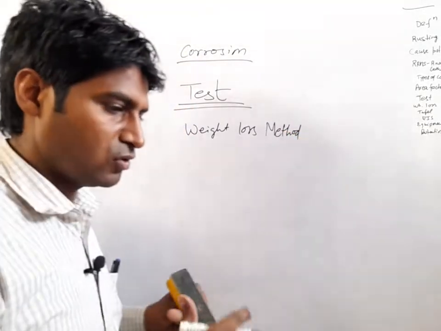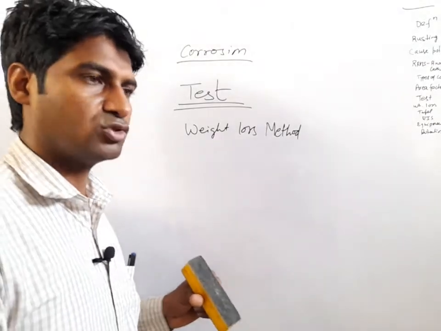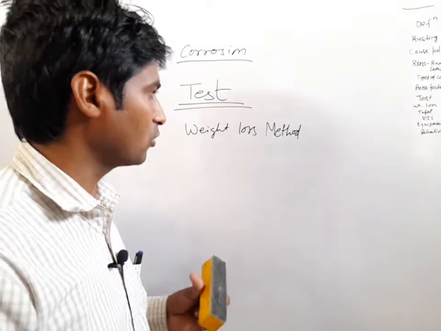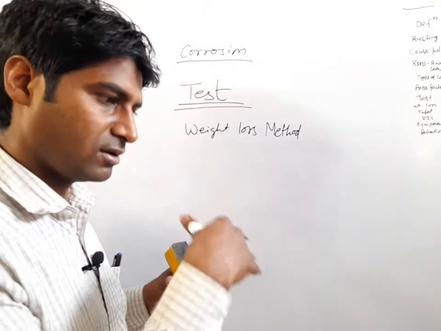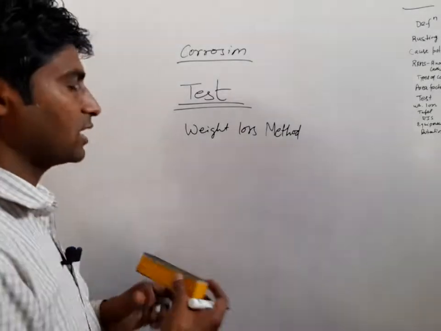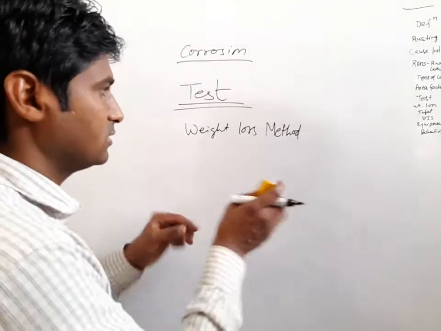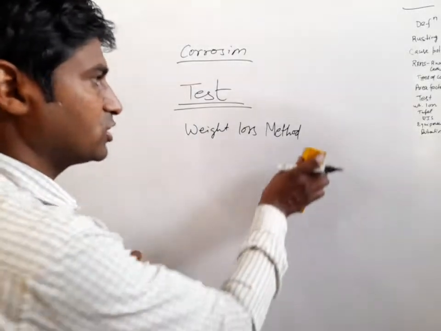First we measure the weight of the sample, then we immerse it in a 3.5% NaCl solution or any kind of solution for a particular time, like 1 month or more, and then we measure the weight after the 30 days or any time, and then we measure the difference in the weight. Hence we can find the corrosion rate.